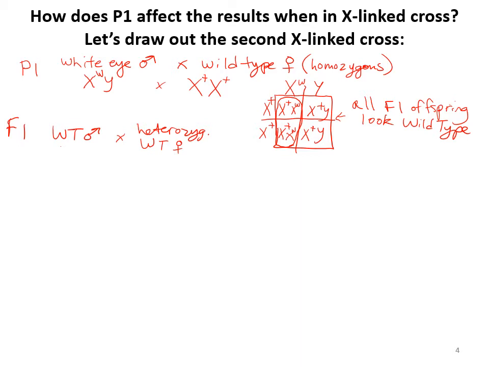Okay, so we draw out our genotypes. Wild type male only has 1 X chromosome and it is wild type, and then he's got a Y chromosome, and we cross him with a heterozygous female. So she's got 2 X chromosomes, but when you see heterozygous, that means she's got 2 different alleles, one on each chromosome. So she's got a plus mark and a white-eyed mark.